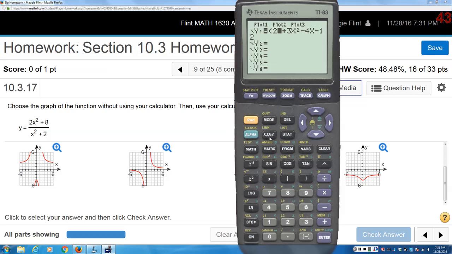So that's going to be 2x squared plus 8 in parentheses, divided by, also in parentheses, x squared plus 2. And their window appears to go from -6 to 6, so that's what I'm going to make it do.